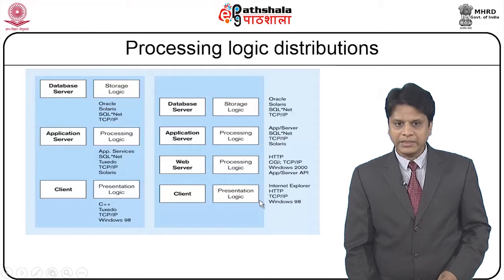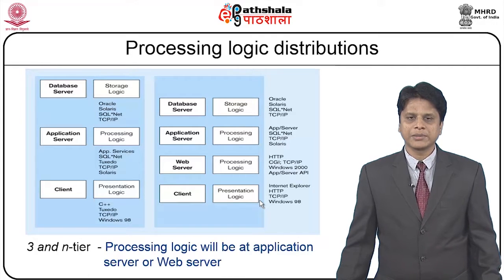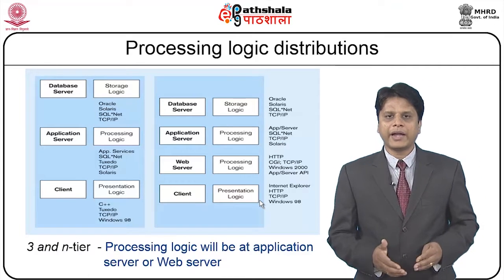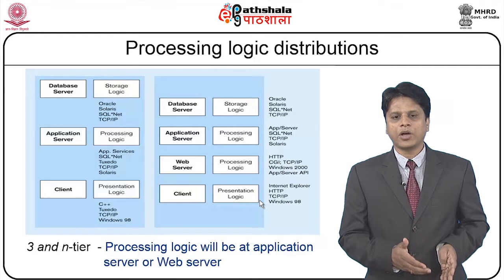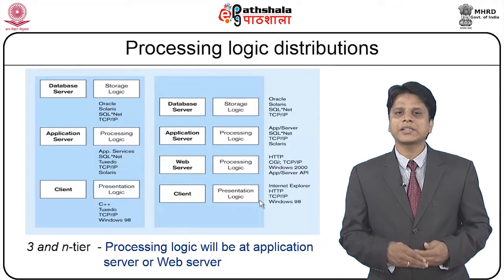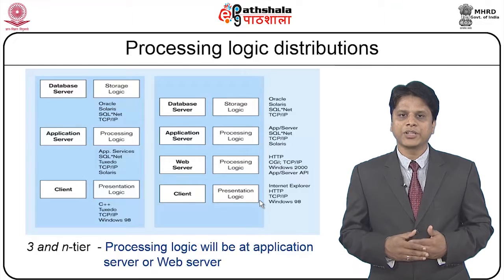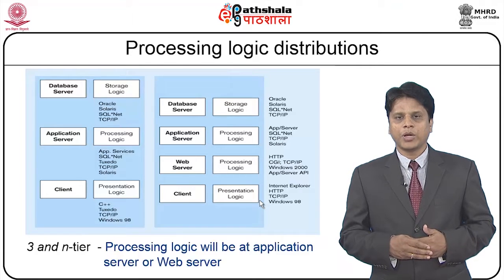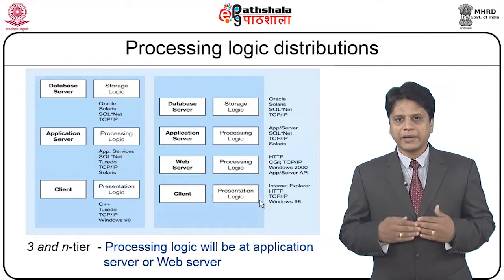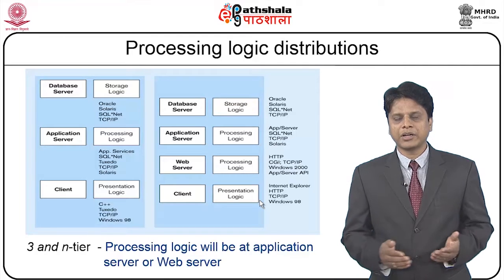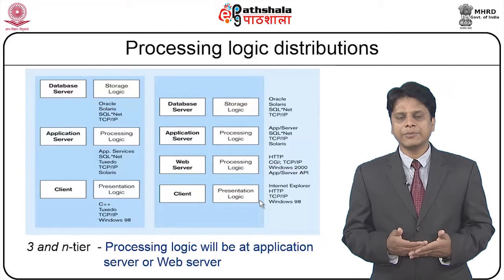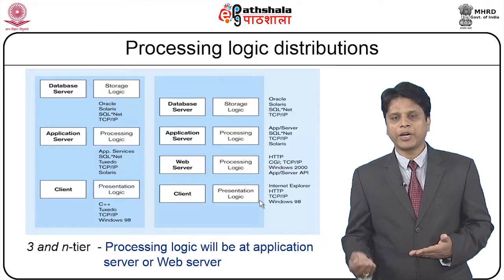The important thing to note from this is that I can work either at the three-tiered level or at the n-tiered level. Today's architecture is majorly n-tiered. Why? Because at the client's end I might be using a different browser, and many times I may not have browser compatibility.